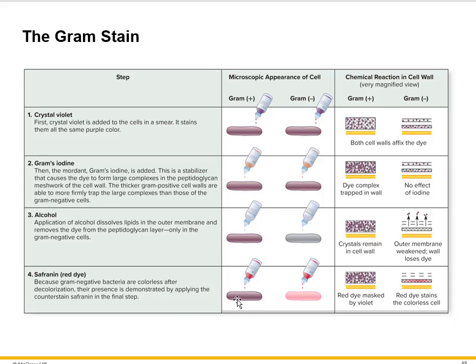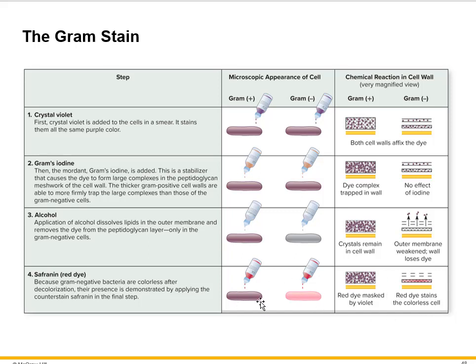And then when you decolorize, you have to color the ones that you decolorize, otherwise you can't see them. And so we put a counter stain or secondary dye, which is safranin, on, and that will color the gram-negative bacteria pink or red, a pinkish red color.